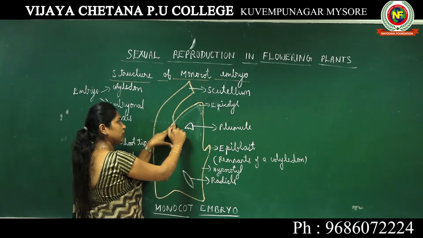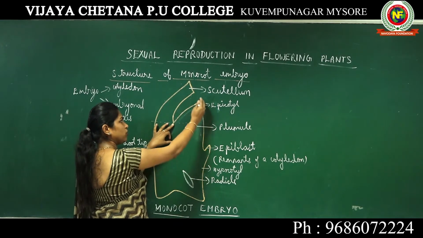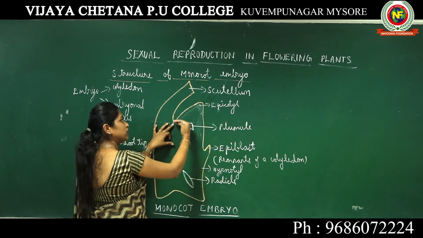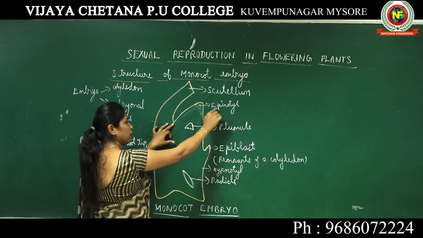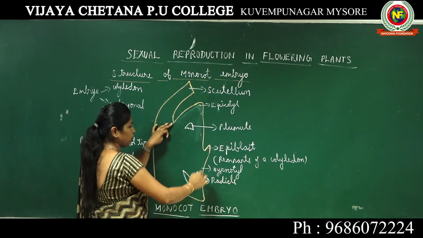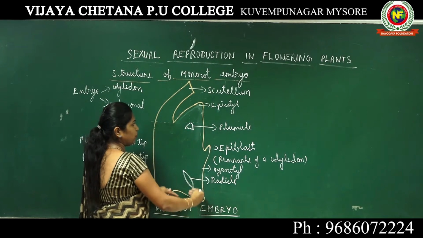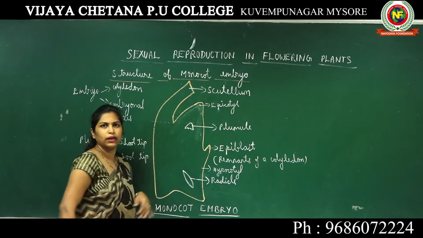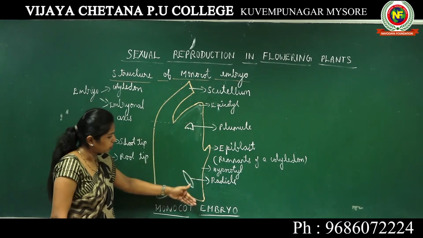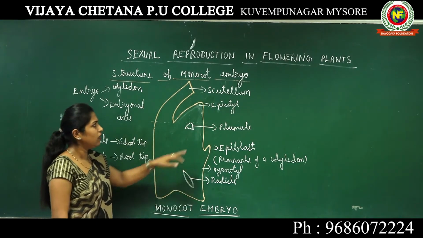The region of the embryonal axis which is above the level of this cotyledon is known as epicotyle, and the region of the embryonal axis which is below the level of the cotyledon is known as hypocotyle. So this bottom region is known as hypocotyle.